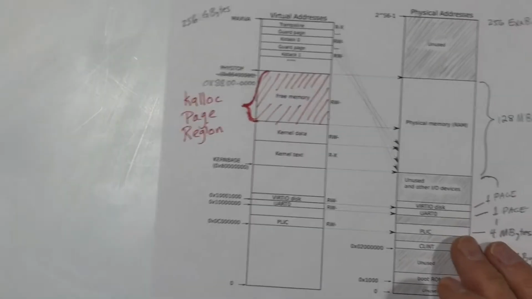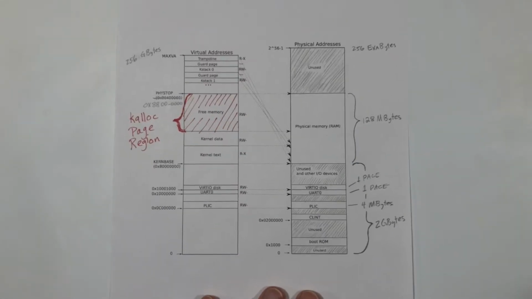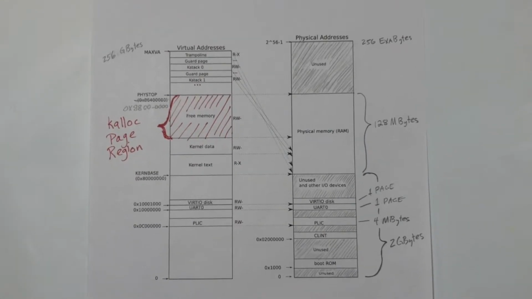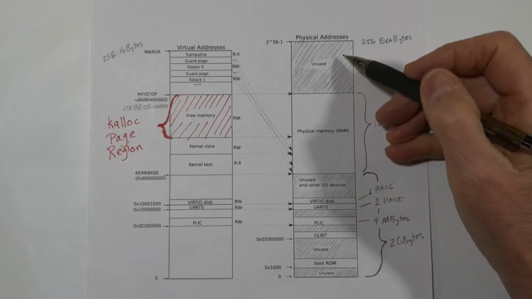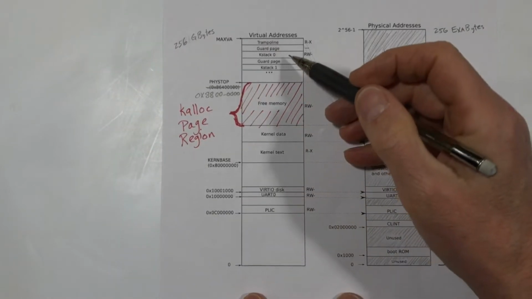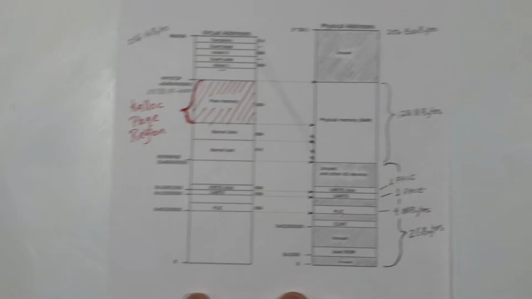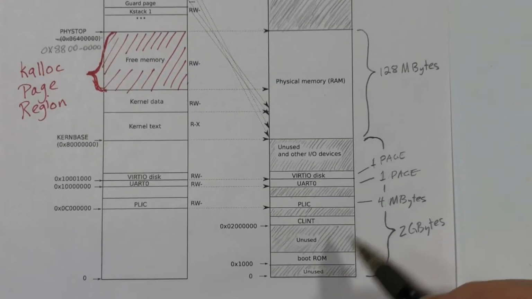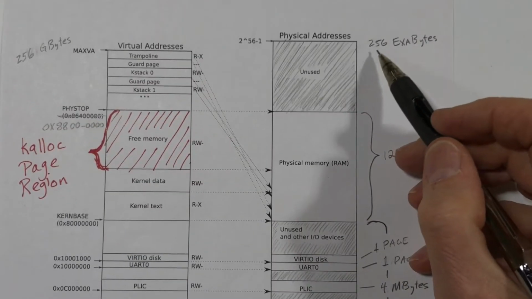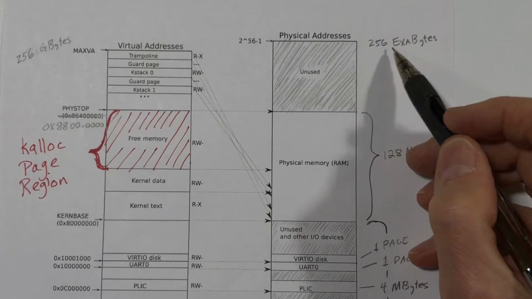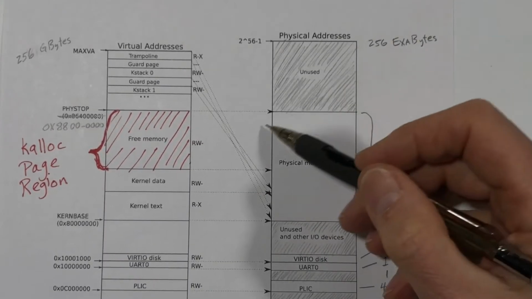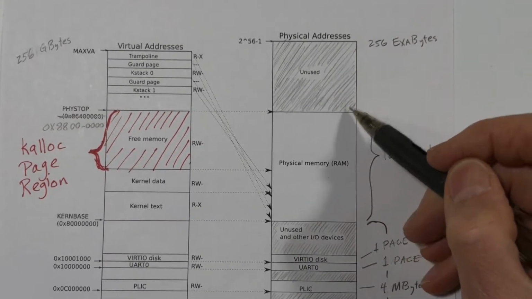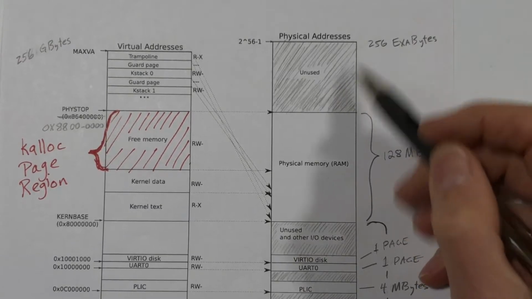So now let's take a look at this picture, which is the physical memory on the right-hand side and the kernel's virtual address space on the left-hand side. Let's start out with the physical memory. It starts at 0 and goes all the way up to this enormous number of 256 exabytes. The vast majority of it is unused and not allocated.